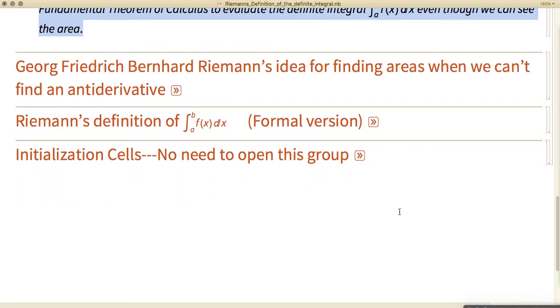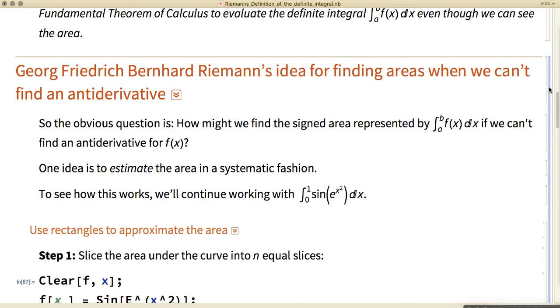Well, Bernard Riemann had an idea for finding areas when we can't find an antiderivative, and we're going to follow Riemann's lead. The first thing that Riemann decided to do was that we can hopefully estimate the area underneath the curve in some kind of systematic way, and then we can work on coming up with a way to see whether or not we can make our estimate get better and better and better.